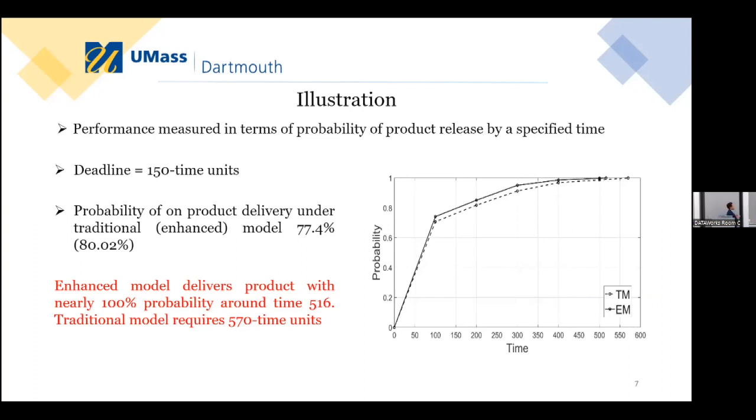So we increased the timeline to see when it can reach a probability of nearly 100%. Our traditional model took 570 time units, while our enhanced model reached 100% by 116 time units.